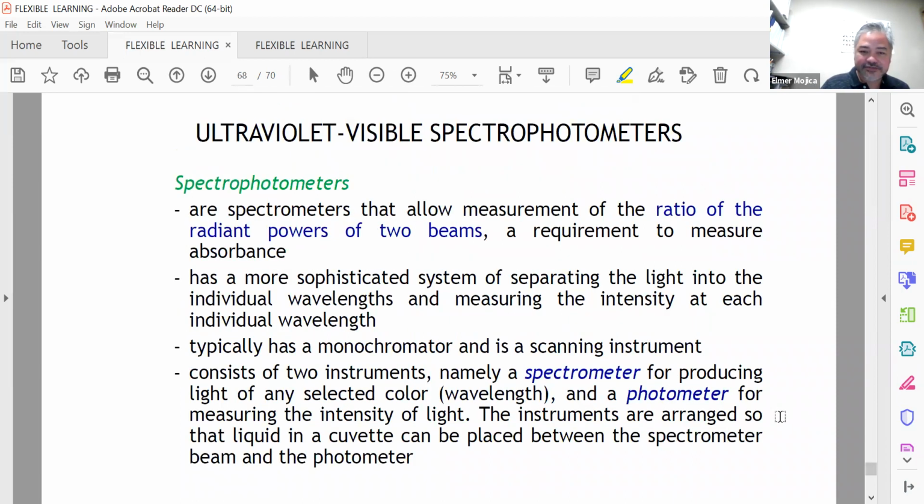And the last that we could have here is the so-called spectrophotometer. These are spectrometers that allow measurement of the ratio of the radiant powers of two beams, which is a requirement to measure absorbance. It is a more sophisticated system of separating the light into individual wavelengths and measuring the intensity at each individual wavelength.